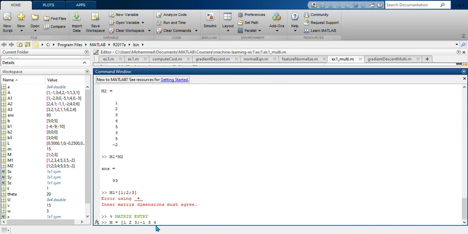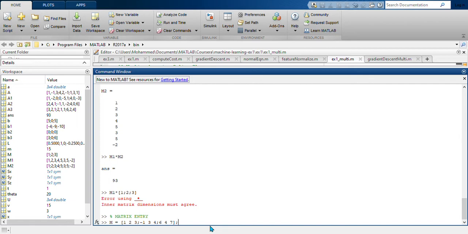I've used spaces, but you can also use commas in between. Again, we put a semicolon so that it goes to the next row, and then we can say 6 4 7, for example. I'm just randomly putting some numbers. So we now have entered a matrix M. If I put a semicolon at the end, it will store this matrix in the variable M, but it will not print it out on the screen.